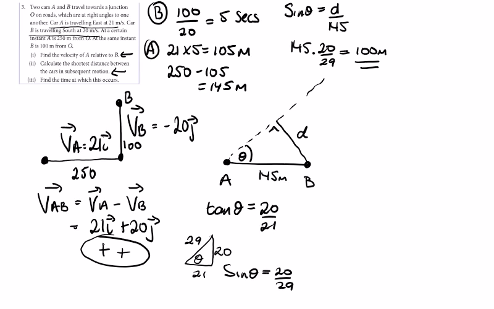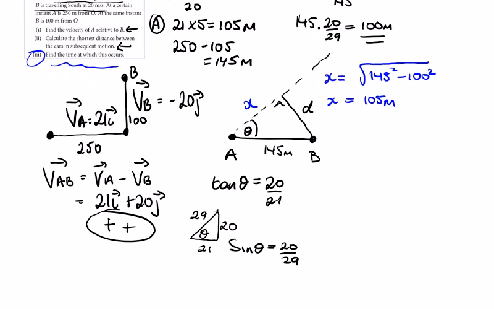In part 3, we're asked the time at which it occurs, which we saw in the example, so we need to find x here. So x is going to be equal to the square root of the hypotenuse minus the other one, so 145 squared minus 100 squared. So x is going to give me, calculator use, 105 meters.